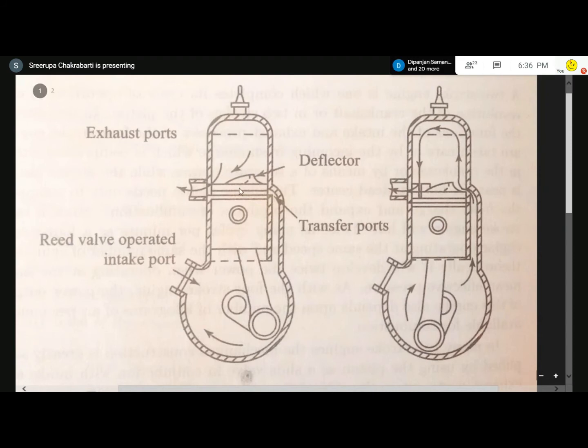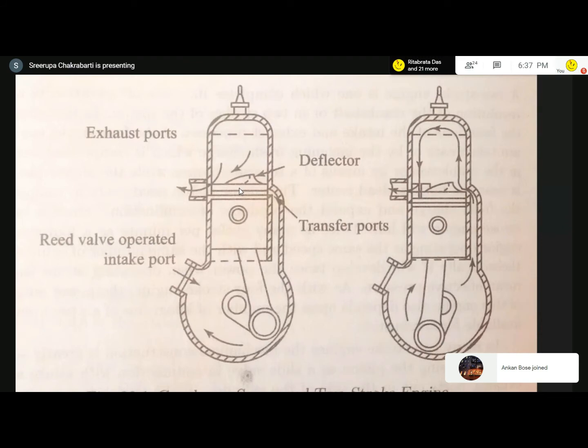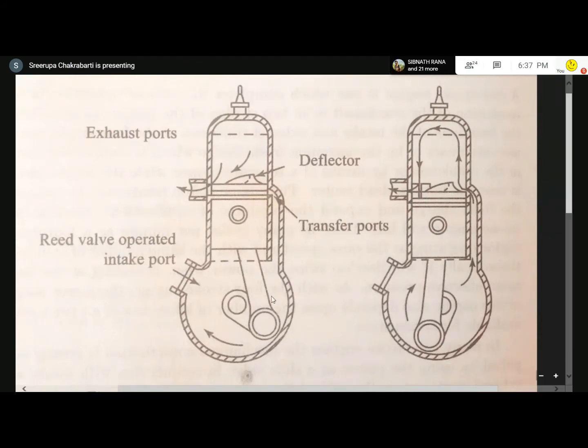Sir, both are moving down. Both are moving down, but one is slightly different. I'll just tell you. The left hand sketch is 100% okay. You keep it. The piston is moving down. This portion is okay.